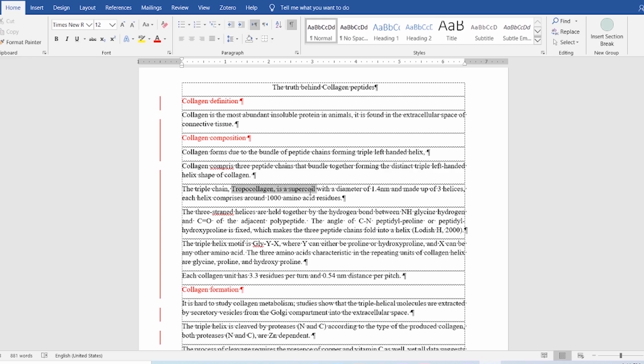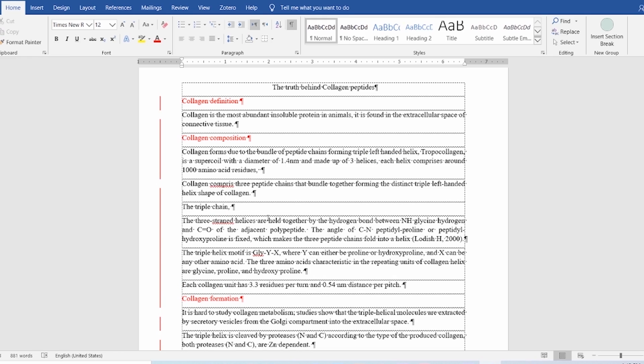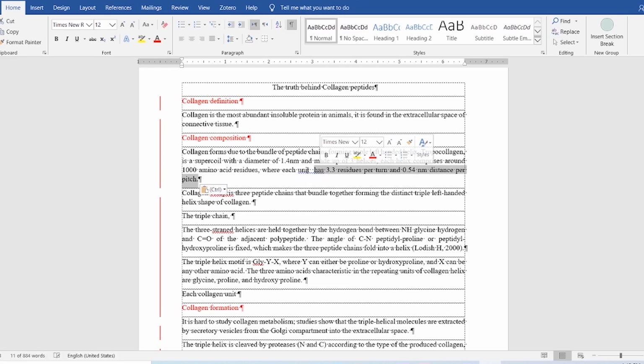So I will move this one. Tribocollagen is supercoil with a diameter of until this border residues. And I will add a comma and I will write where each unit has 3.3 residues. This will be my first sentence.